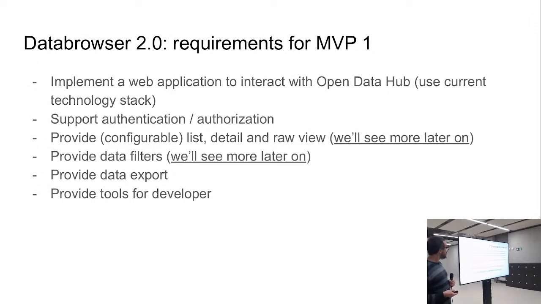Okay, so what were the requirements for the MVP 1? First and simple, it should be a web application. It should run on the web, it should not run on the desktop or be an app or something like that. Then it should support authentication and authorization, because it should be possible for some people to edit the data, and therefore we need authentication and authorization.